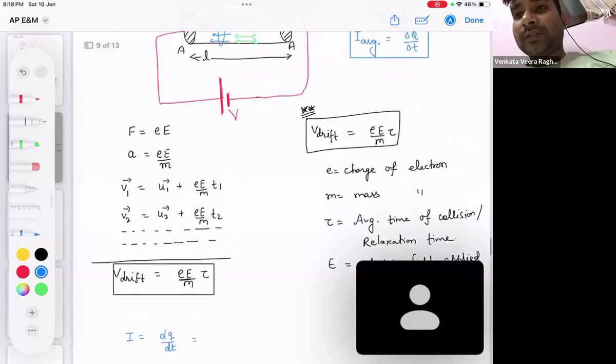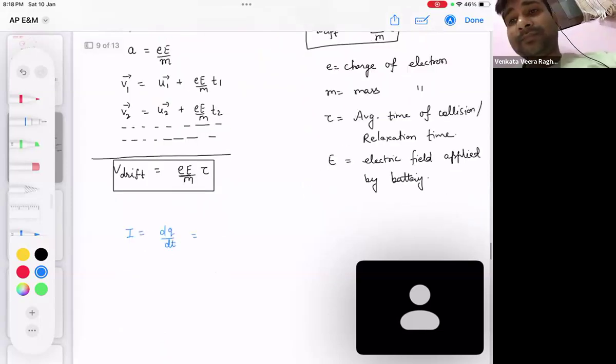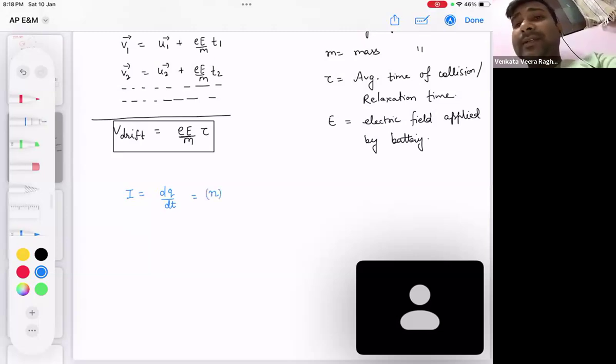Let's say I focus on a small cross section of length dx. Through that small cross section, how much charge is passing in unit time? Let's say n is the number of electrons in unit volume.